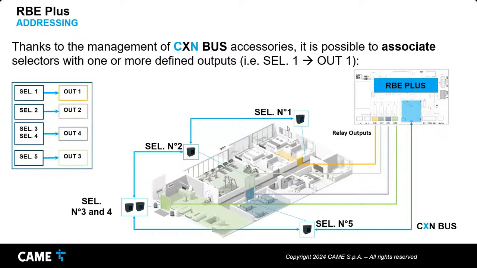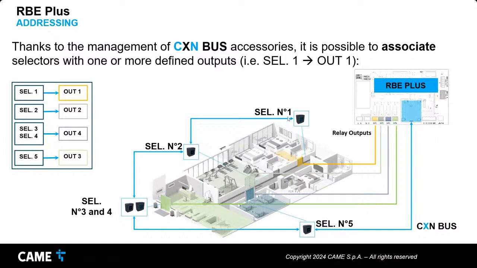So it doesn't happen anymore that the code 123, which was a maintenance code, will work in all the selectors, unless I want it that way. Previously, it was possible to have a code that was working in all the keypads, which is not useful. In this case, it is a better management of the security accesses, giving the possibility to have a specific code for a specific selector and managing a specific output. So this is very important.